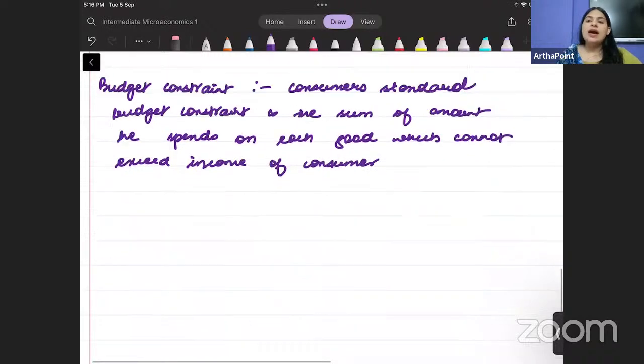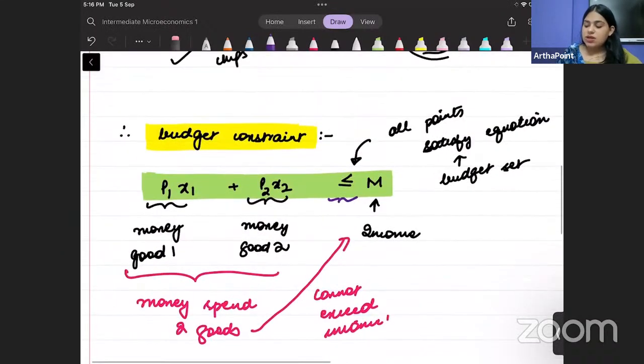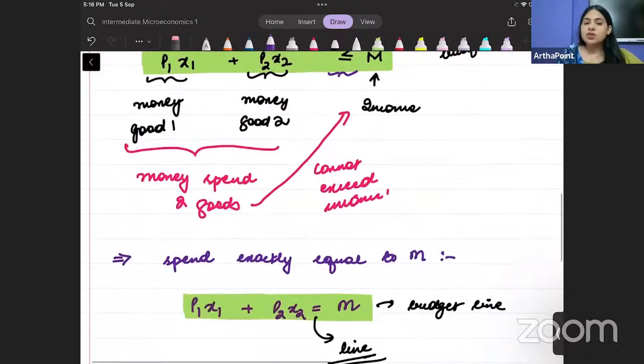So what am I saying? I am saying that what is my budget constraint? That the amount that I spend on each good cannot exceed the income of the consumer.